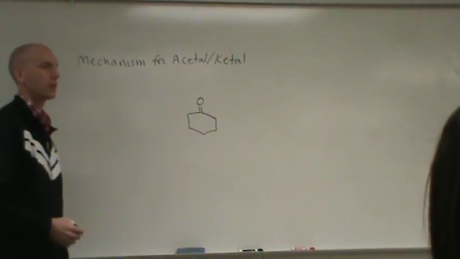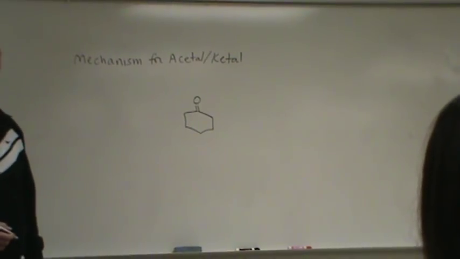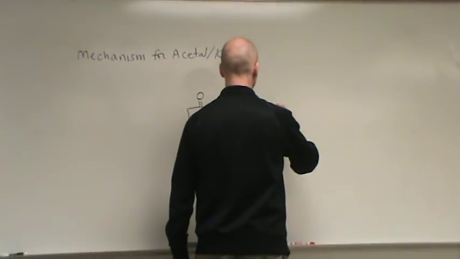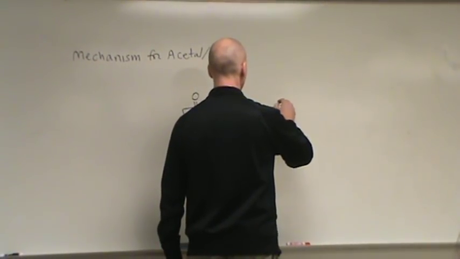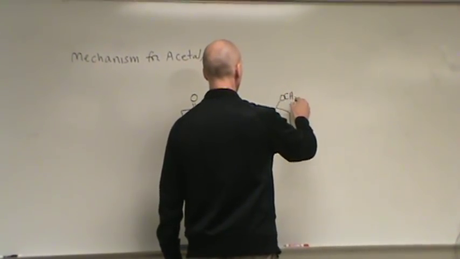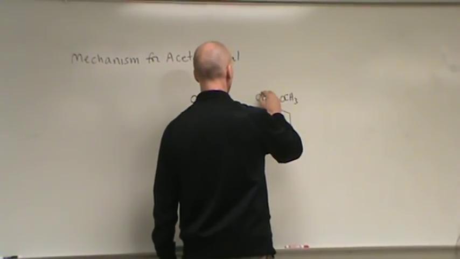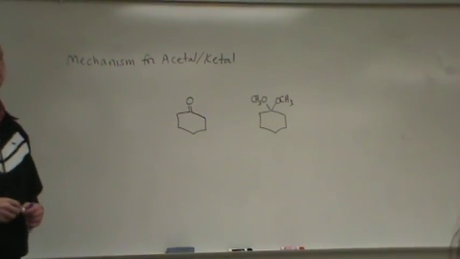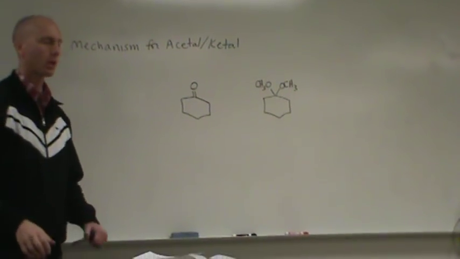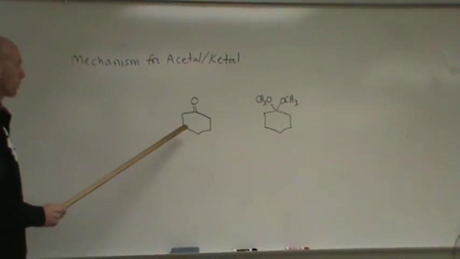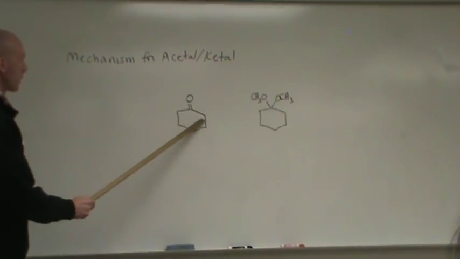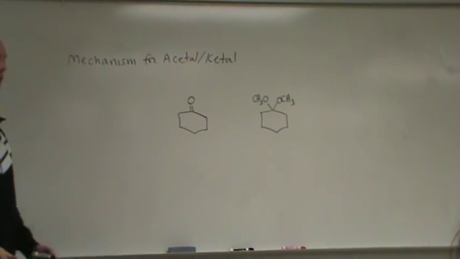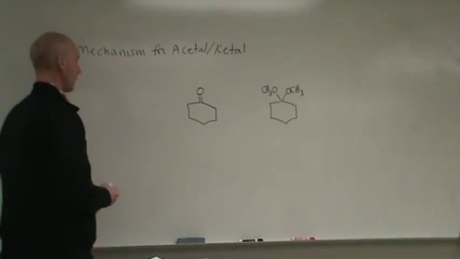There was the starting material, the cyclohexanone. And let's compare that with the final product we made, which is this here. If you compare these two, this one here is reactive with nucleophiles. The carbonyl can react with a nucleophile.